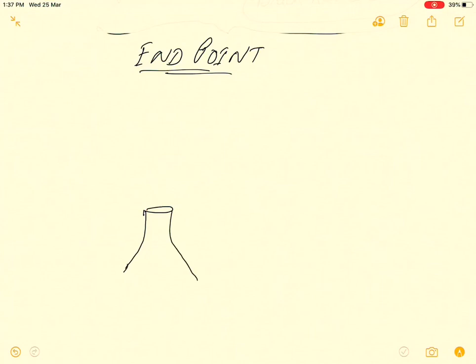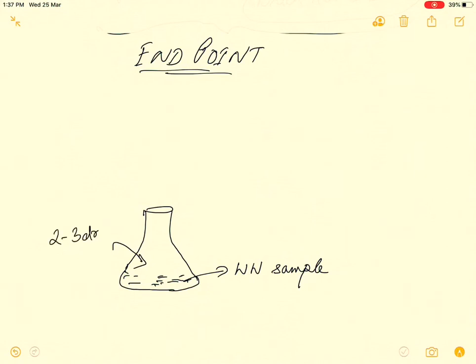We take a conical flask, and in this conical flask we take some known amount of wastewater sample, and then we add 2 to 3 drops of potassium chromate.